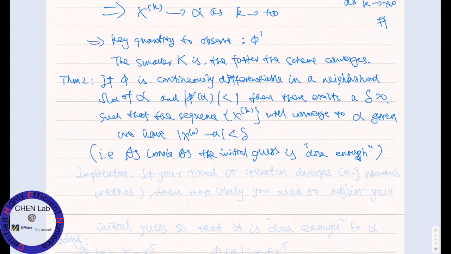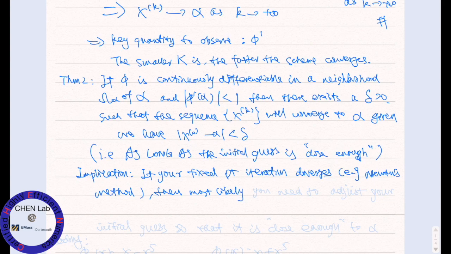The implication of this is that if your fixed point iteration diverges, say e.g. your Newton's method, which is most likely what you're going to use someday, then most likely, of course, you might have some other bug. So you typed something wrong.